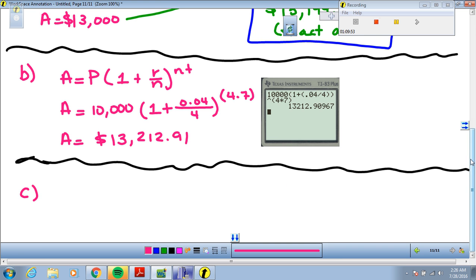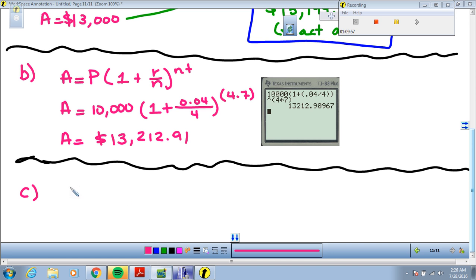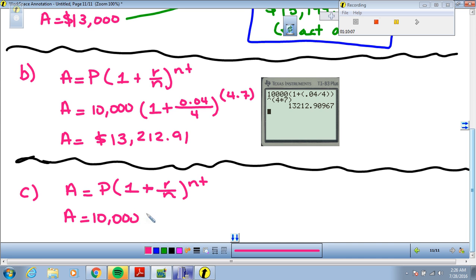See, it says compounded monthly. Okay. So with the same information, A equals 10,000 times 1 plus 0.04. Monthly means divided by 12 raised to the 12 times 7.